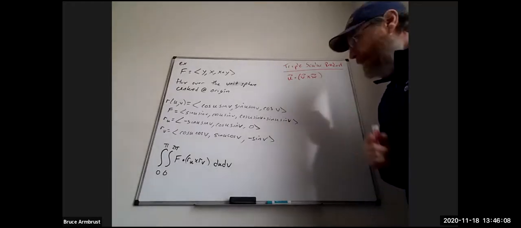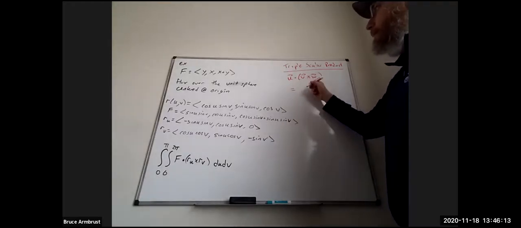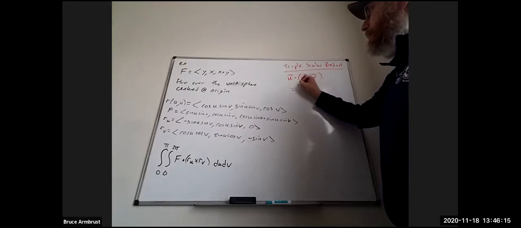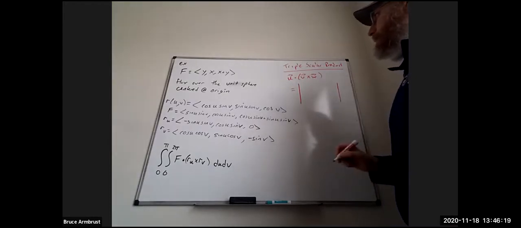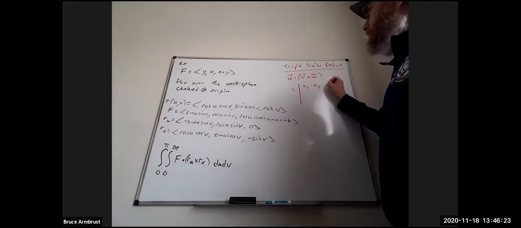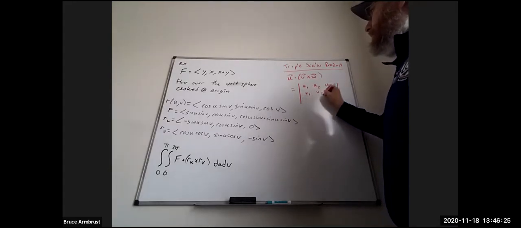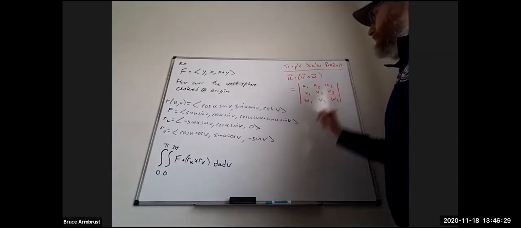But here's the deal with this. If you do a triple scalar product, it's actually just the determinant of the components of each of these vectors in a matrix.